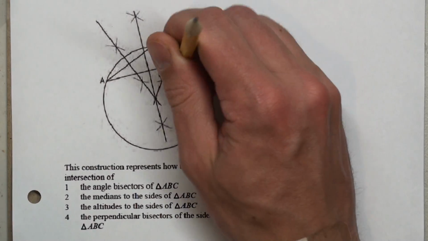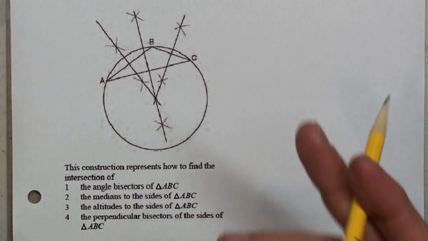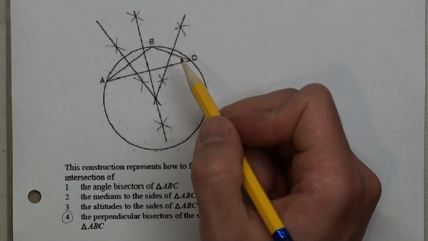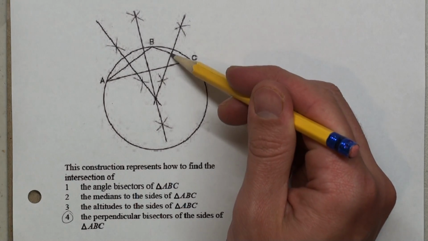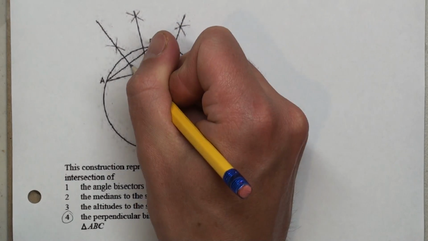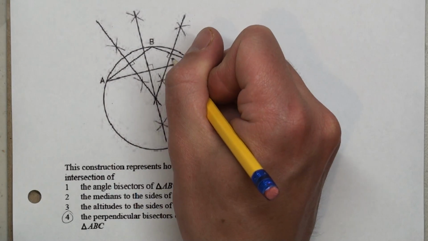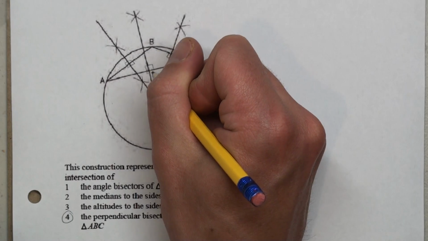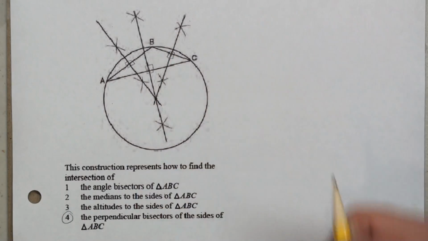So three perpendicular bisectors, the perpendicular bisectors of the sides. Okay, and you can see that it's perpendicular to the sides. Really, it would be all four ways, like this even. Okay?